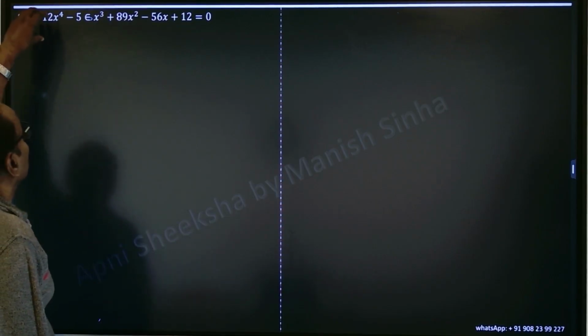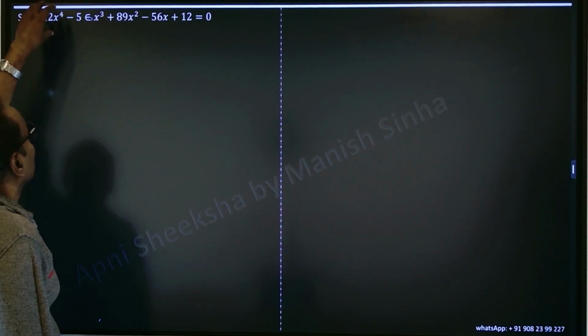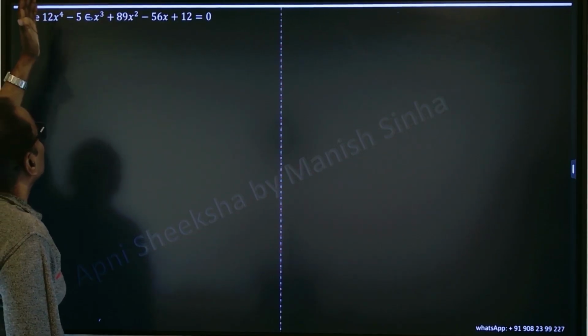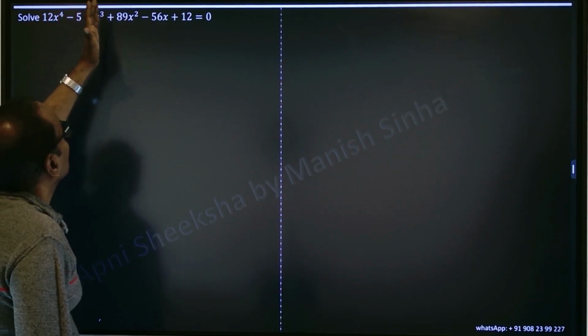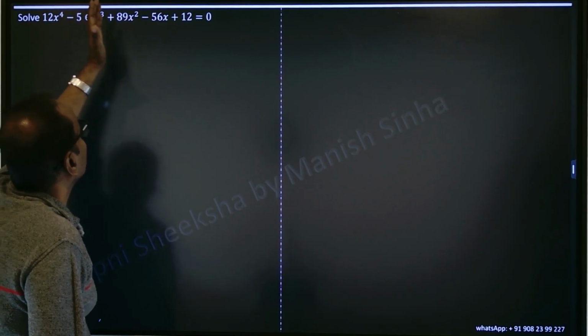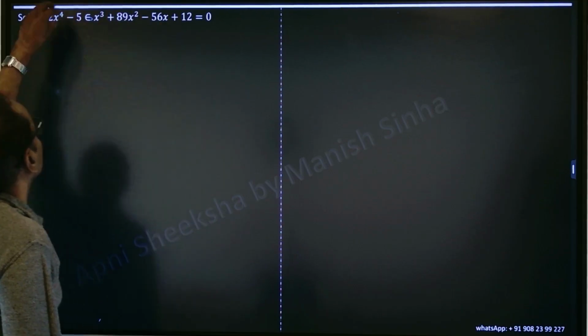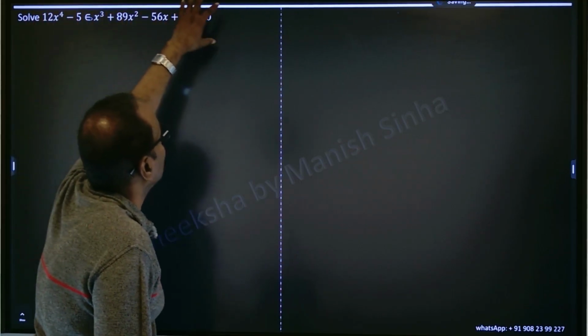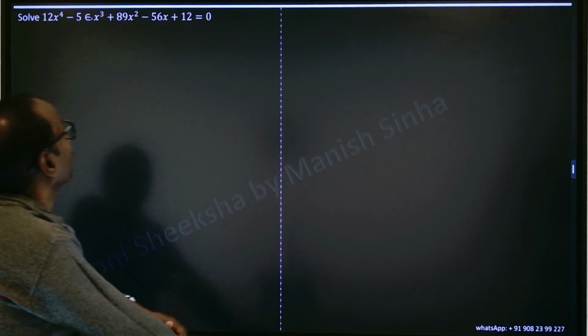This polynomial is of degree 4 and you can see that the degree in every term is reducing by 1: x to the 4, x cube, x square, x and x to the power 0, right?